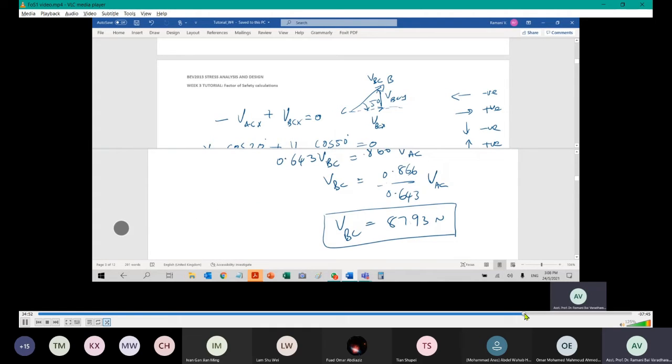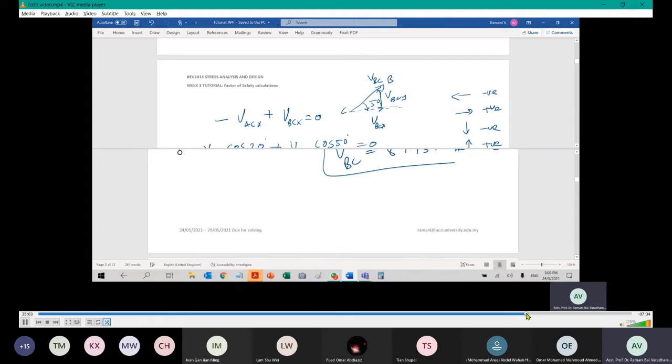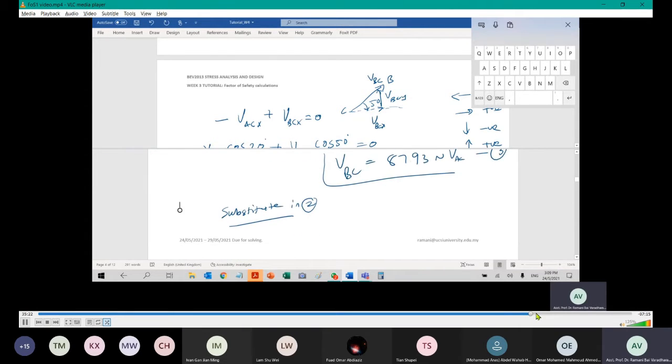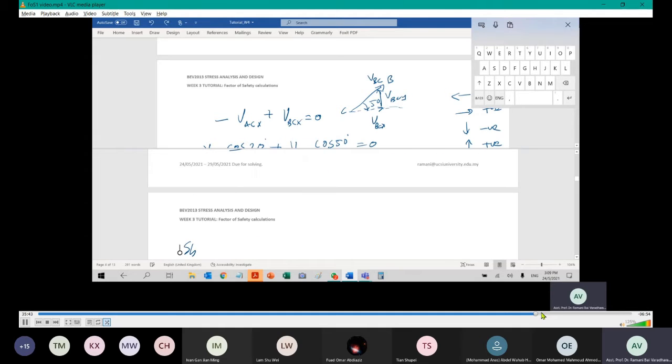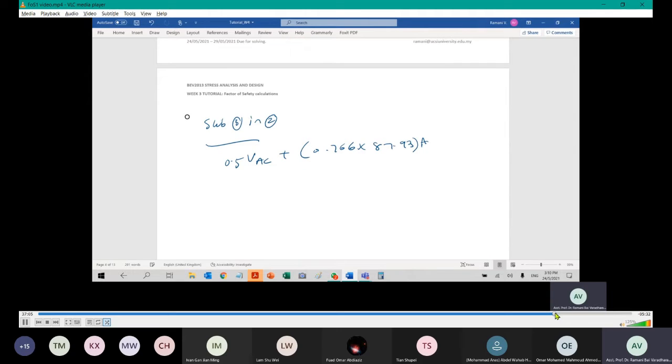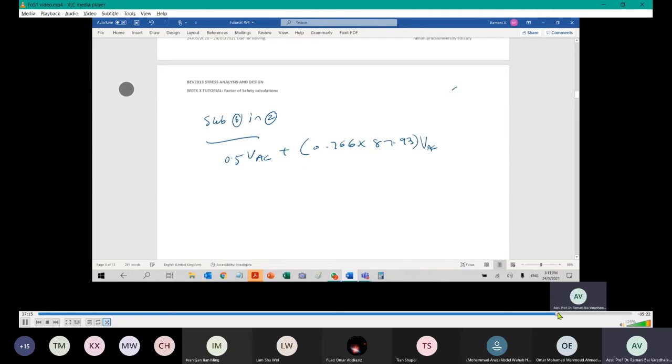When you do that, you get it in terms of VAC, substitute in 1, substitute in 2, 3 in 1, substitute 0.766, and then equal to what is. Even if I take from text or do myself also, there is an error. You need to check.